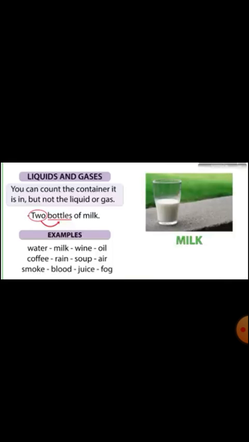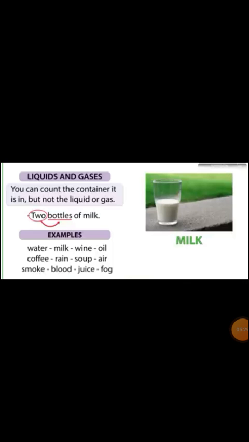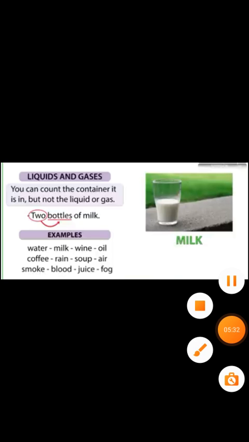Like this, for example: water, milk, wine, oil, coffee, rain, soup, air, smoke, blood, juice, fog. These liquids and gases are uncountable nouns.